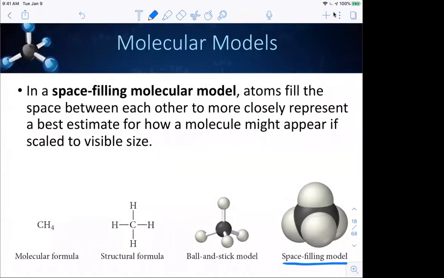So for example, carbon is a much larger element than hydrogen, and this is represented by the fact that that big black blob is a lot larger in its volume than those four individual hydrogen atoms. So sometimes this is useful information. Honestly, this and the corresponding model are the most useful in terms of molecular models and bonding models.